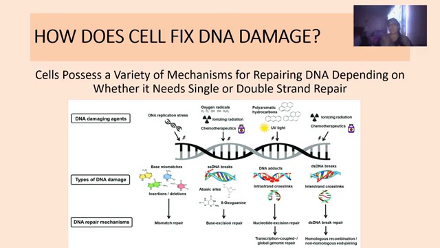Now, how does a cell fix the DNA damage? Well, DNA damage can be fixed in multiple ways, and it depends on how and what type of DNA damage had occurred before we can see what type of repair mechanism is going to be used.